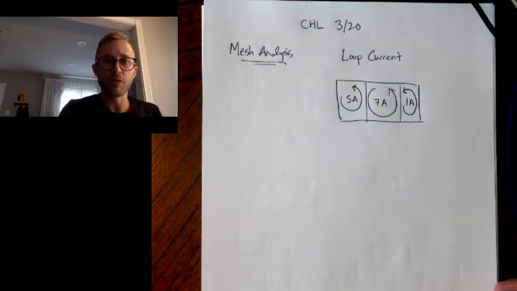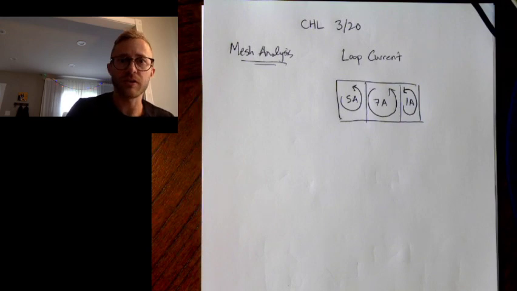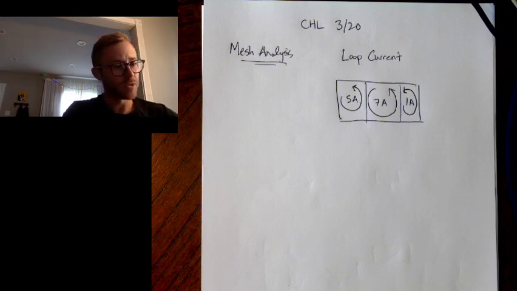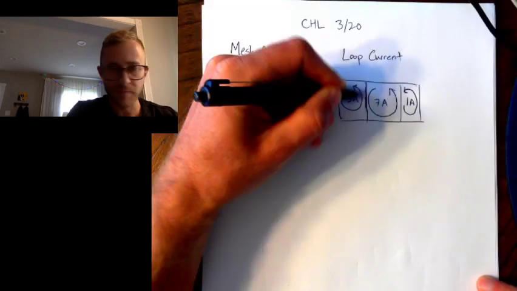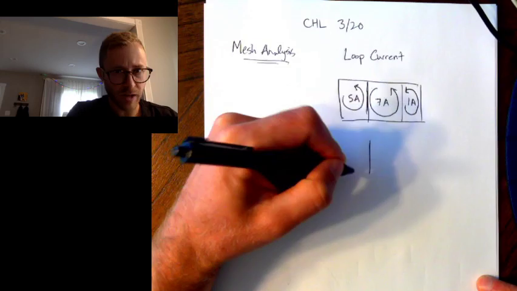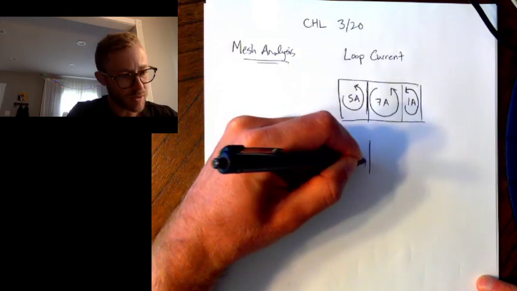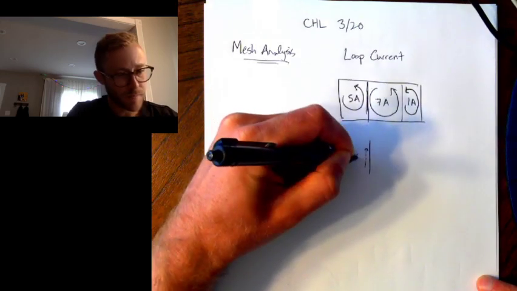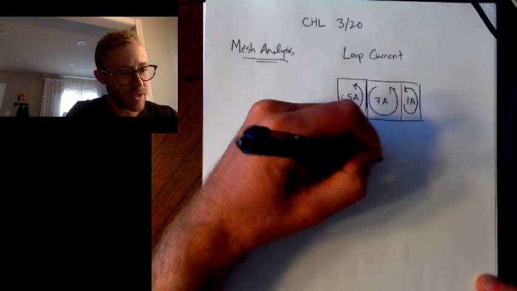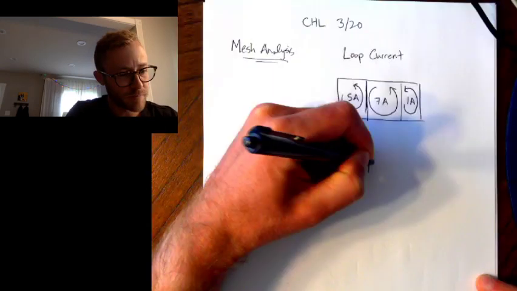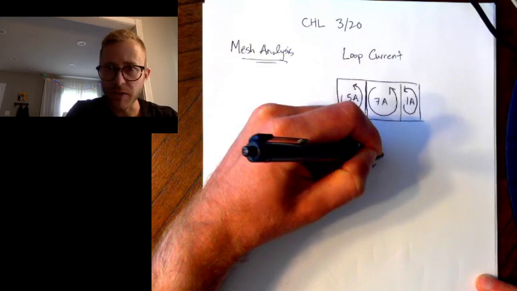Now, the loop current isn't exactly the same as the current that a resistor is going to get. Let's say that there was a resistor along this branch here. See how it has a 5 amp loop current on the left-hand side, and then it has a 7 amp current going down on the right-hand side?